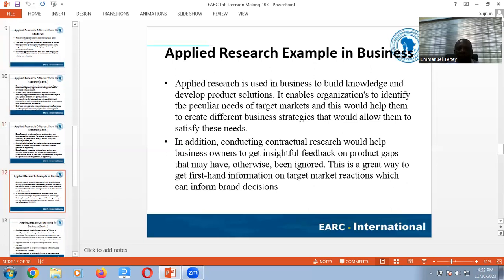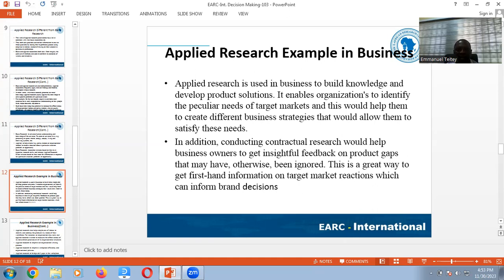Applied research examples in business. In business situations, we have examples from applied research that direct how businesses can conduct research and meaningfully aid their decision making. Applied research is useful in business to build knowledge and develop product solutions. It enables organizations to identify the peculiar needs of a particular target market, and this helps them create different business strategies that will allow them to satisfy these needs.